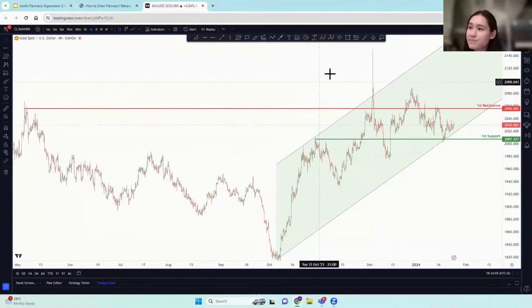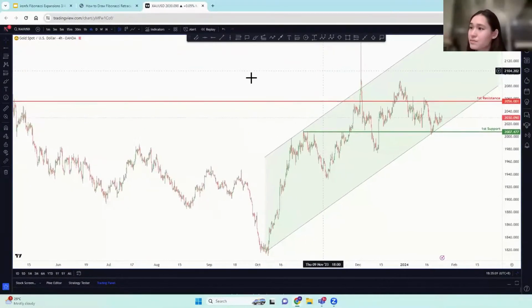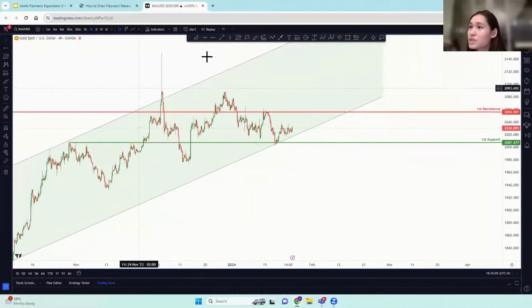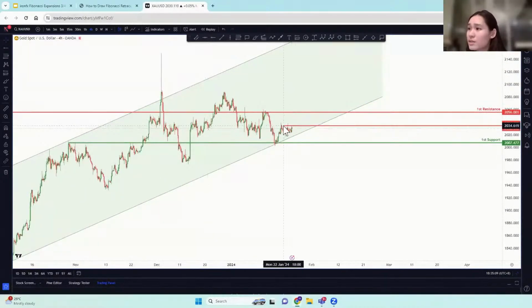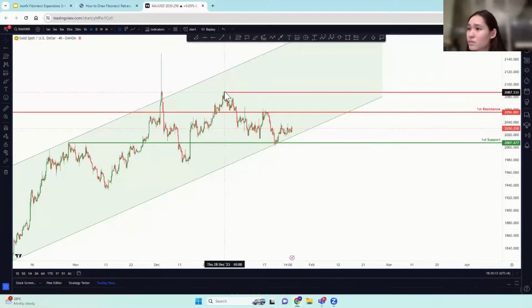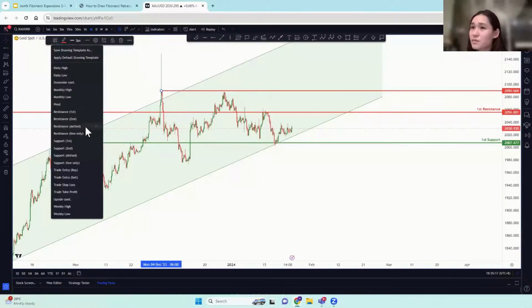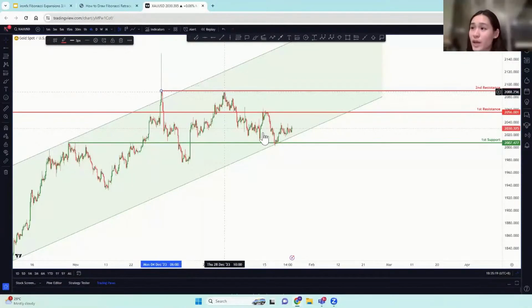So that's our first resistance. And I think our second resistance will be here, since it is a double swing high.